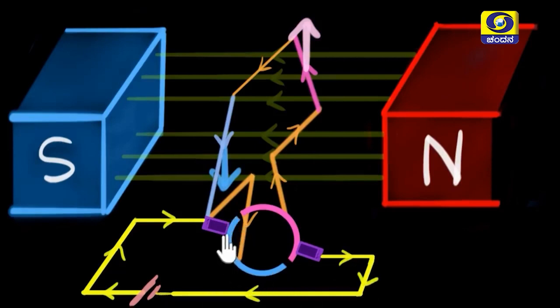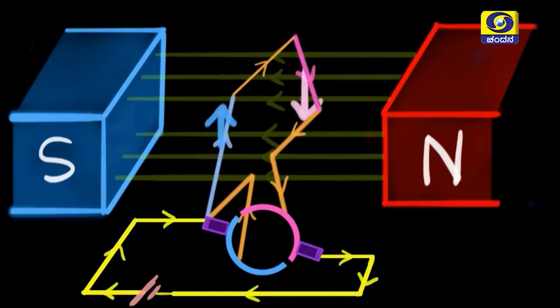Now the current has changed the direction of its flow. Now this current starts flowing through the blue wire, making it move in an upward direction. See, the blue part moves upwards now and the pink part moves downwards.